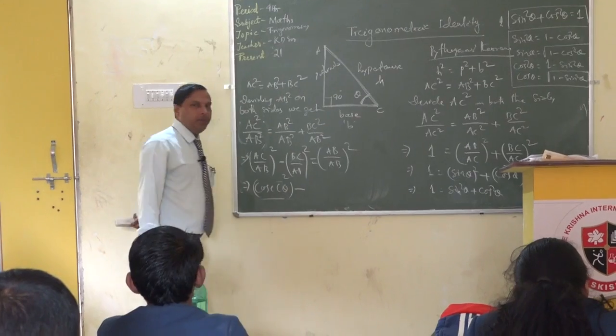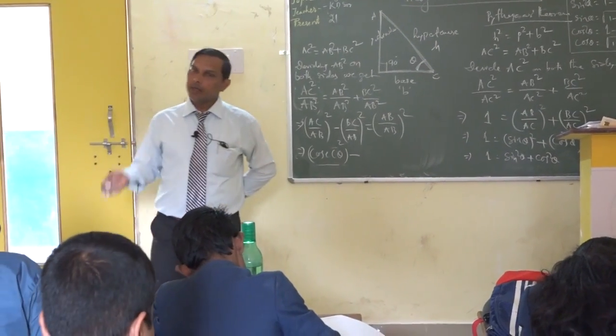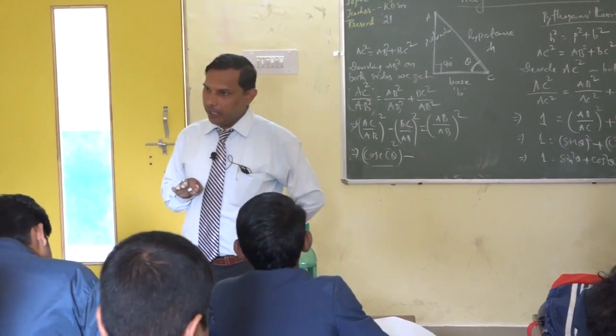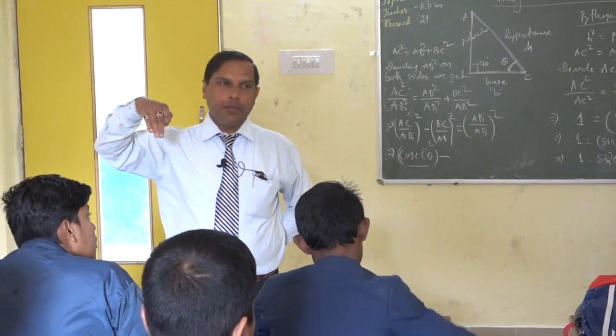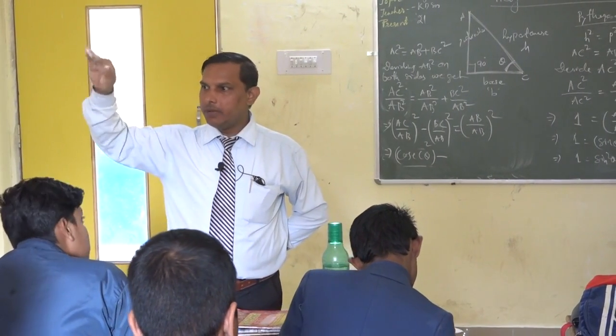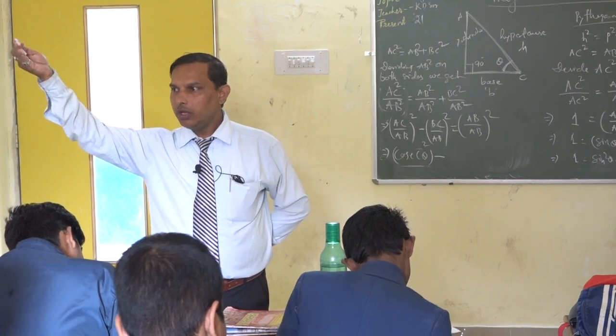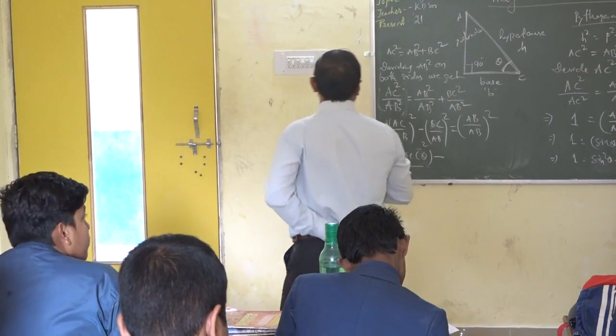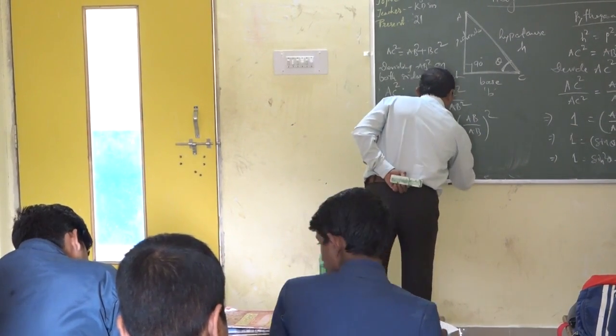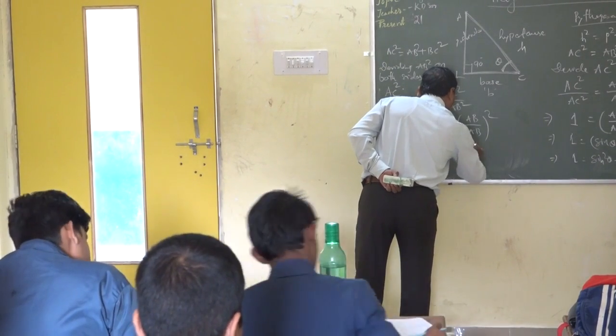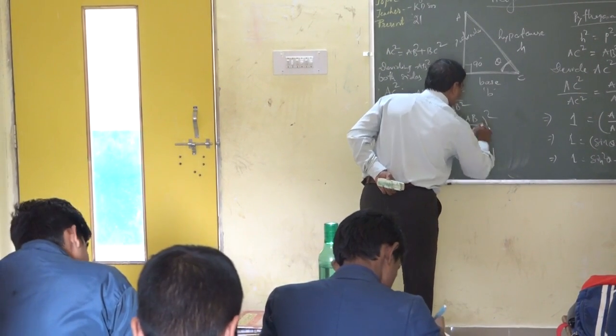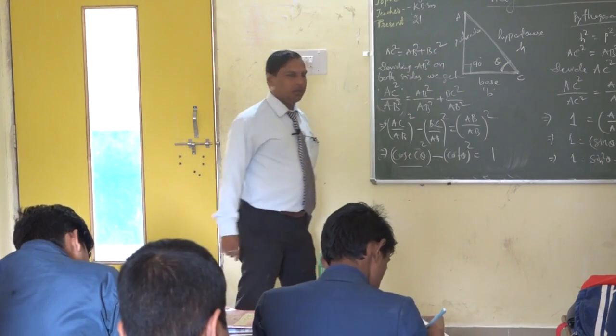Minus BC by AB. BC is the base, AB is the perpendicular. So B by P means which ratio? Cot theta. So cosec theta whole square minus cot theta whole square is equal to AB by AB, which means 1. Clear? 1 square is equal to 1.